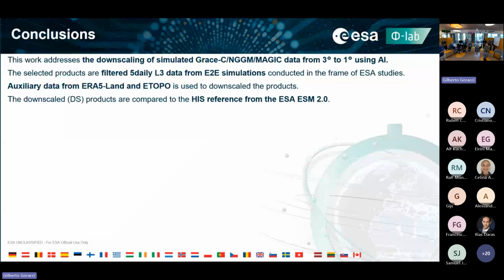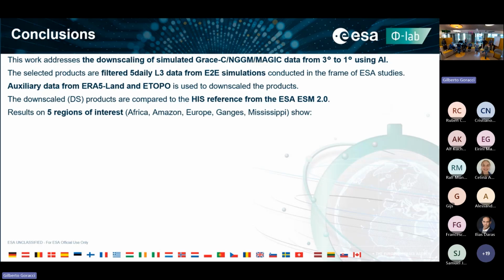So wrapping it up, we addressed the downscaling of the simulated GRACE data using AI. And we worked with filtered 5-daily level 3 data from end-to-end simulations using auxiliary data from ERA5 Land and the eTopo digital elevation model. The downscaled products are compared to the HIS reference from the ESA Earth System model on 5 regions of interest.